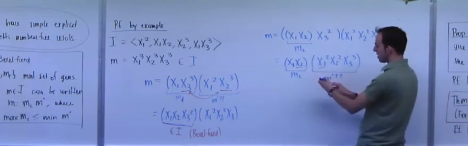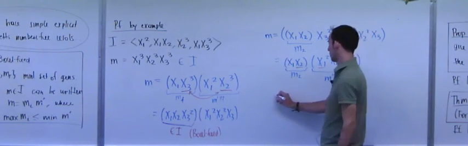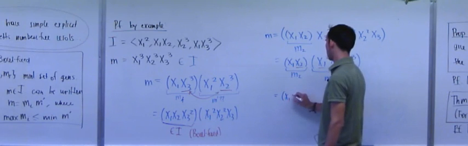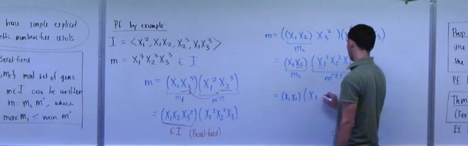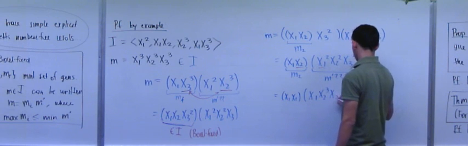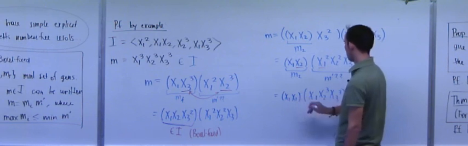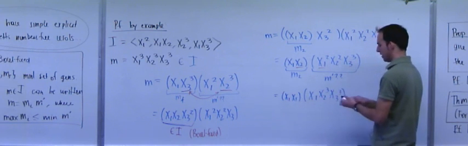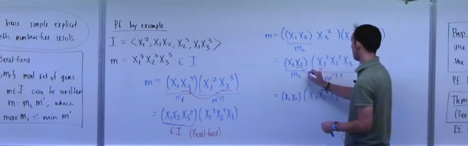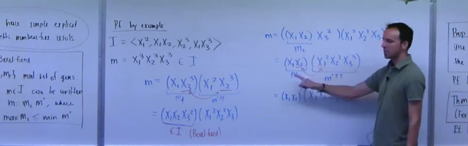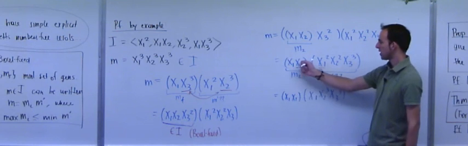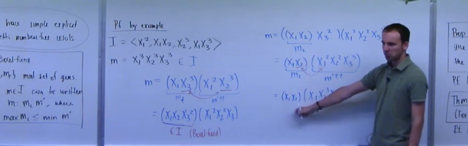I can take this equation, switch the x1 and the x2. So all I did is I switched these guys' places. Again, I say this guy lived in my ideal, so when I switch a bigger variable for a smaller variable, this must be in the ideal.